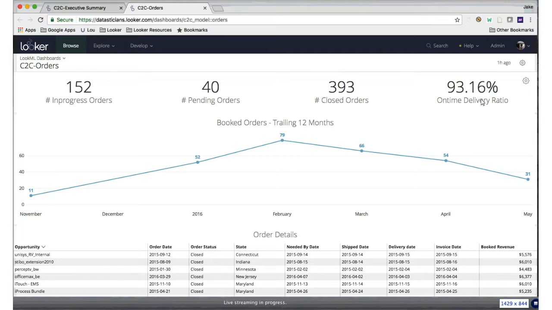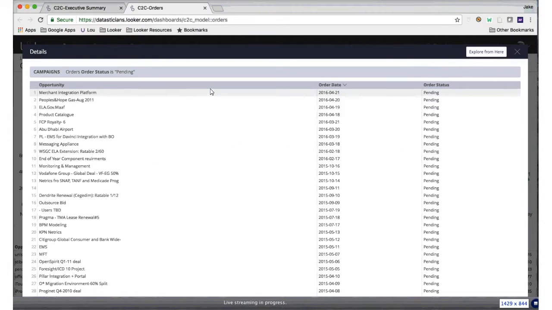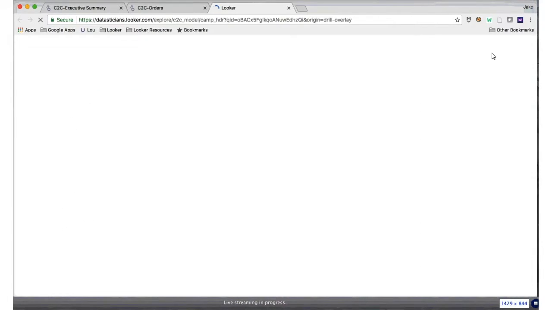This is the type of thing where we may want to actually take action on this data. I may want to look at these orders and bring them up. I could explore this, and I could even, with Looker, send these out to other people.